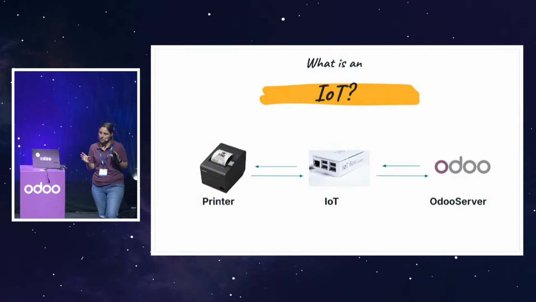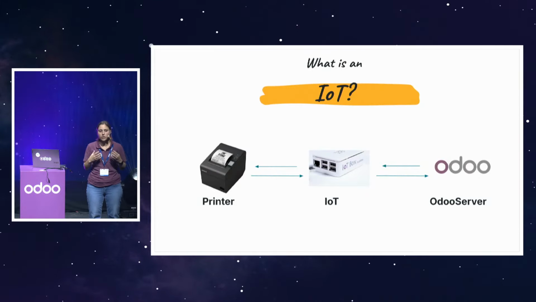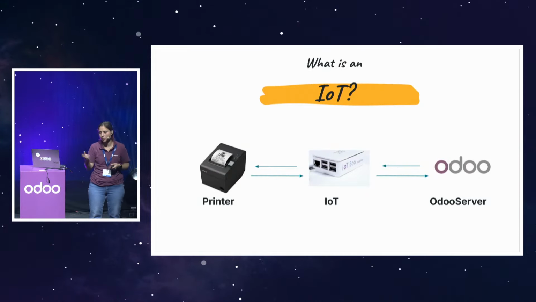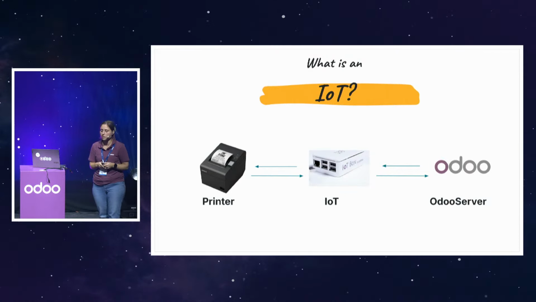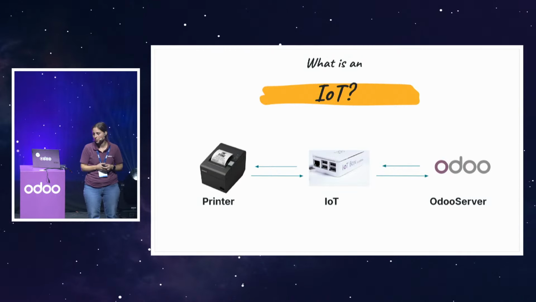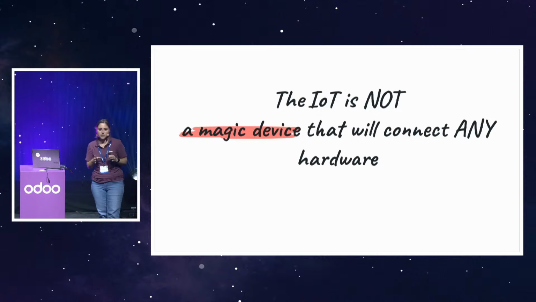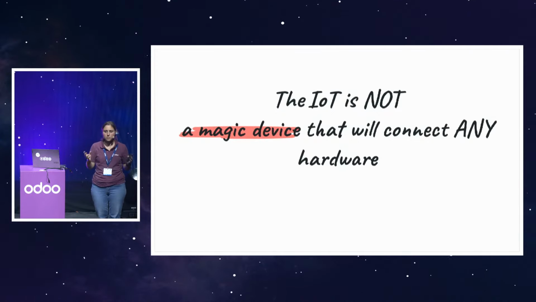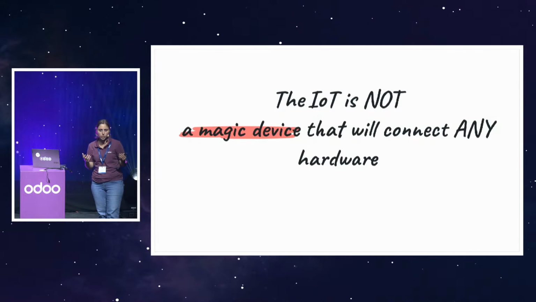Like we said, you have the Odoo server and the hardware. Let's take a printer. When they cannot communicate, you need this intermediary through which the information flow is going to pass. One of the biggest misconceptions I get is that the IoT is a magical device where you can just plug any hardware when it's not going to work directly.